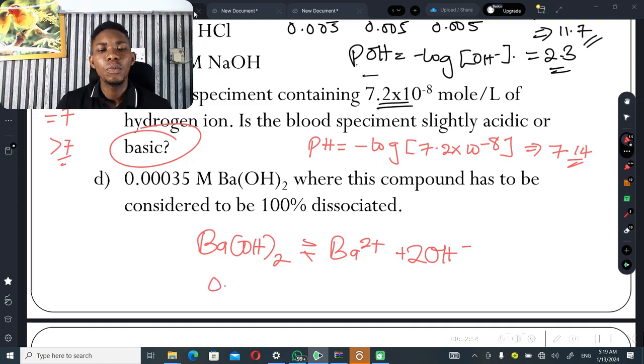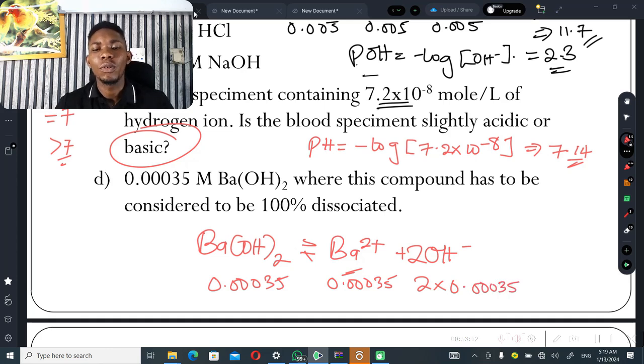Alright, so if 0.00035 of barium dissociates completely, it means 0.00035 of barium ion will be formed, and 2 times 0.00035 of hydroxyl ion will be formed.